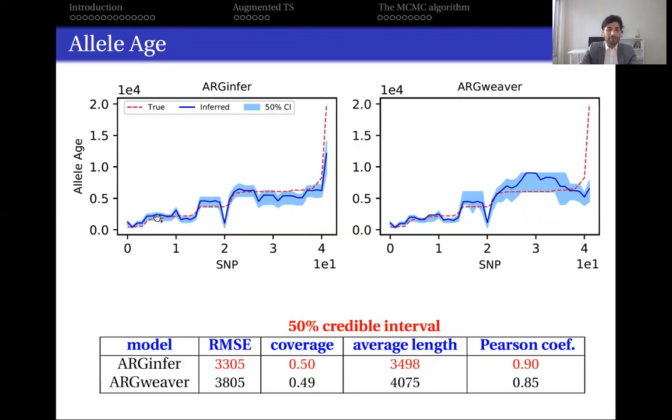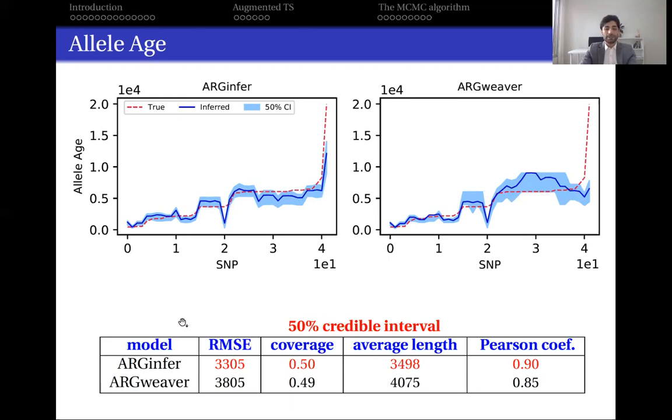So we see that both algorithms did well in finding the pattern of the allele age, but in this area, ARGinfer does well in following the truth. On the other hand, ARGweaver is going down another path.